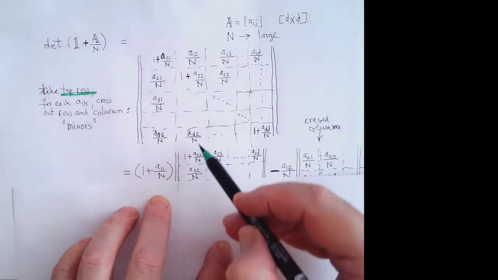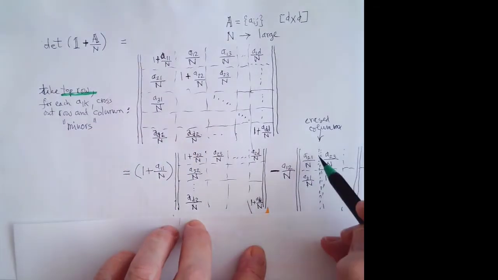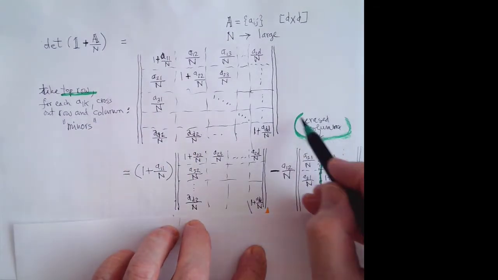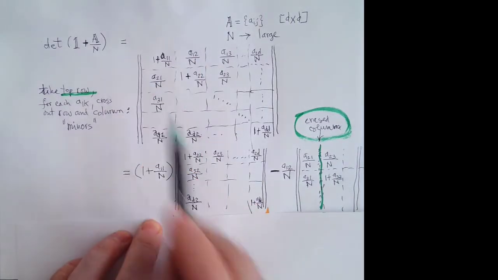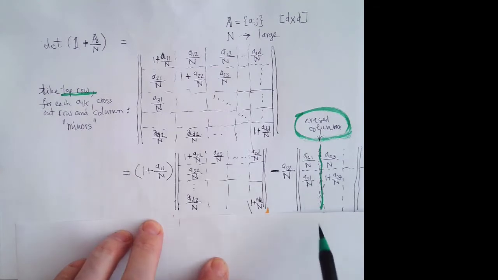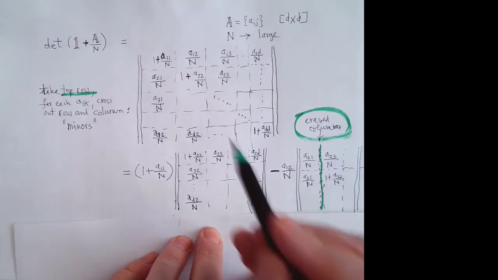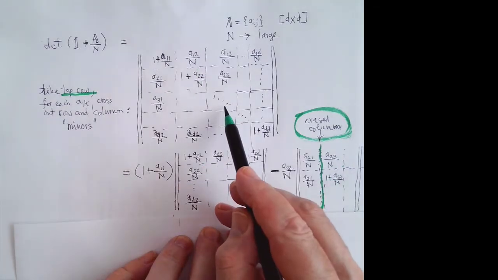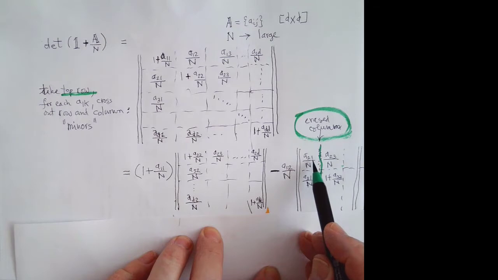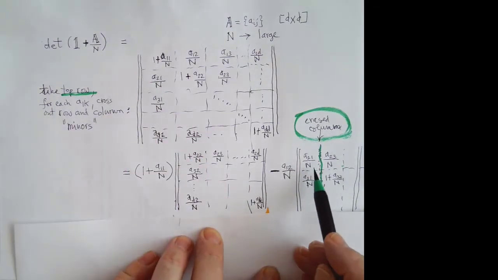Now when we erase this row and this column for the second term, what's left is a_21 over n, a_31 over n, etc. On this side, a_23 over n. And we finally pick up a term which is a diagonal term, but it's being multiplied by a term from here, which is of order 1 over n.